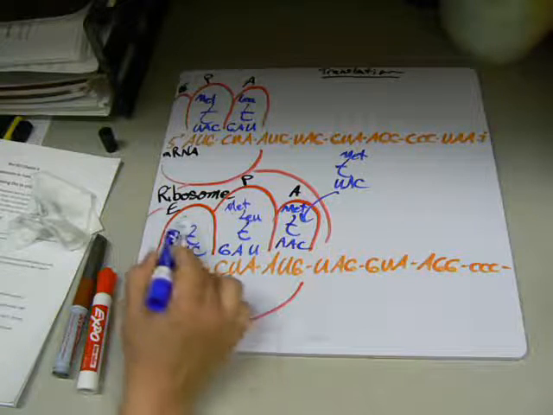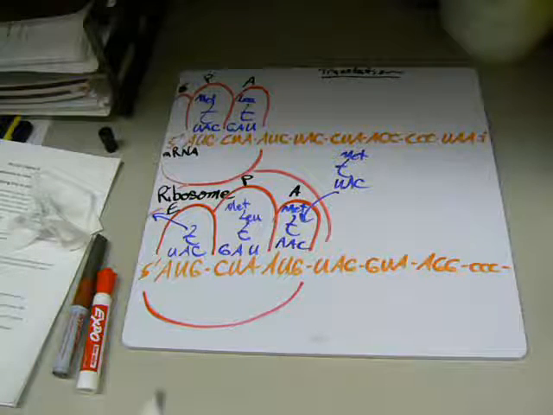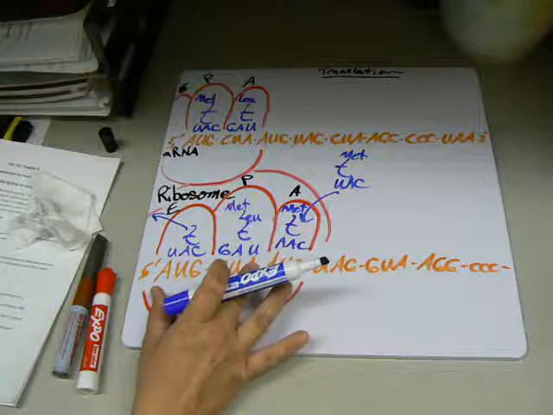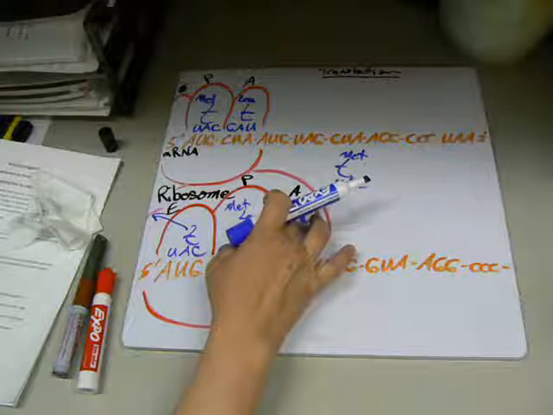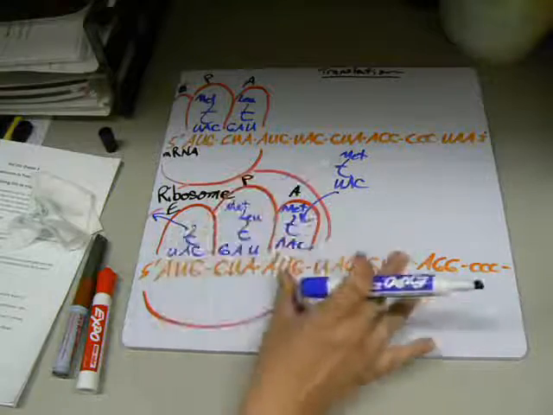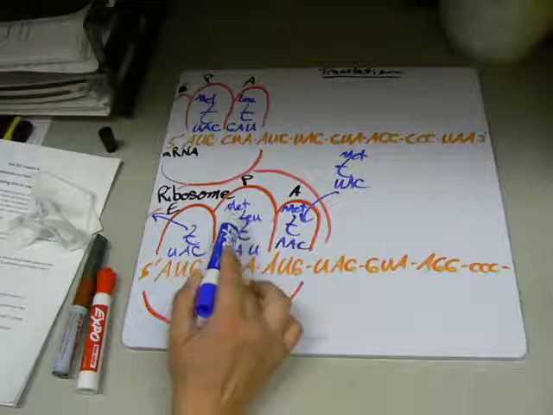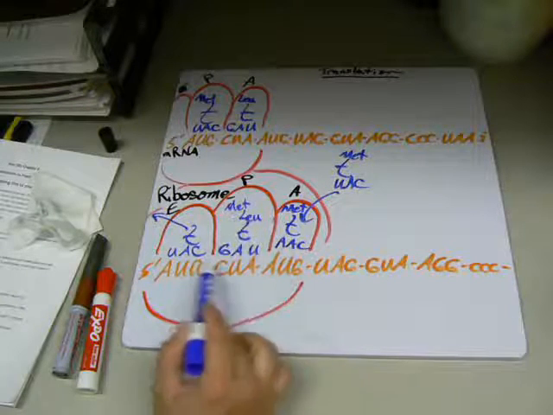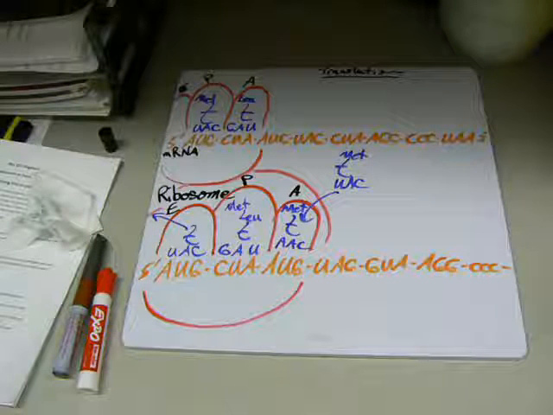It doesn't have a tRNA, so it's going to go out the E site. It's going to exit out the E. Now, this ribosome is going to move down 1 more, and this leucine is going to attach to this methionine. And the ribosome is going to keep marching down the mRNA, and it's going to keep adding amino acids based on the code that's in the mRNA.